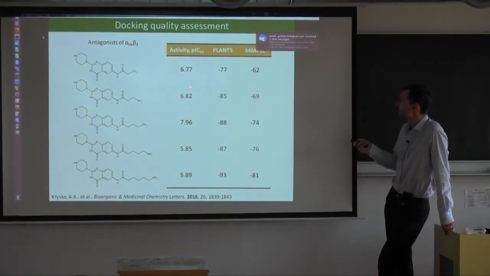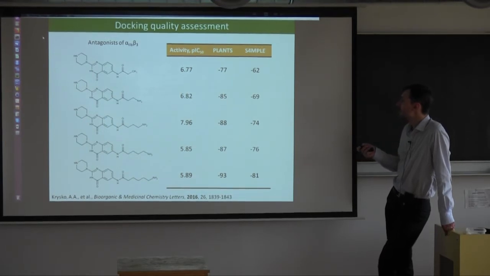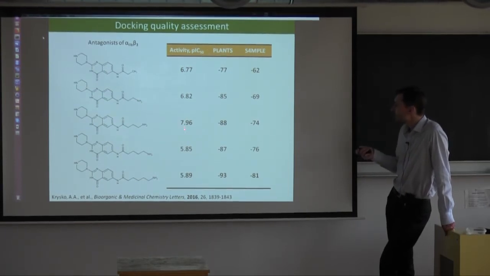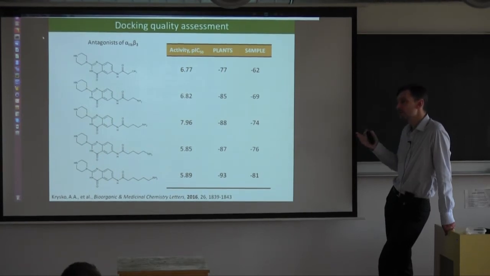But when those compounds were synthesized and actually tested, we observed that adding just one carbon to this chain and going from butyric acid derivatives to pentanoic acid derivatives, we observed a dramatic drop in activity of 2 orders of magnitude.